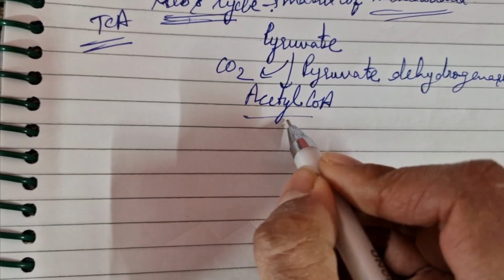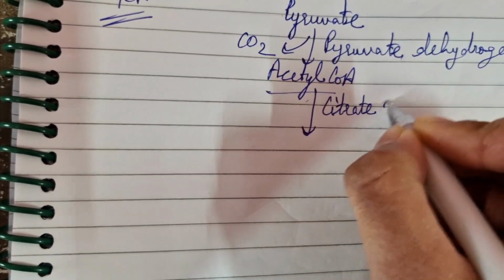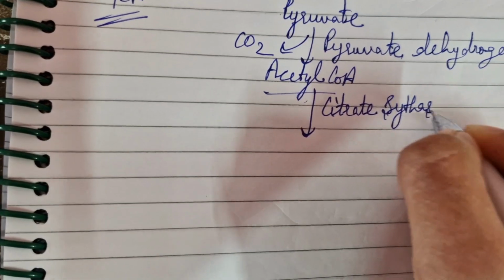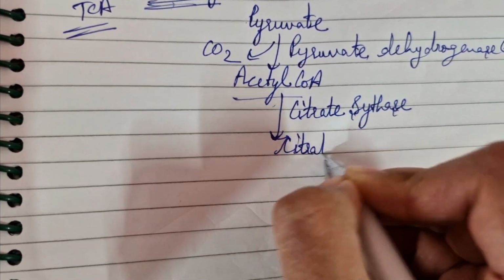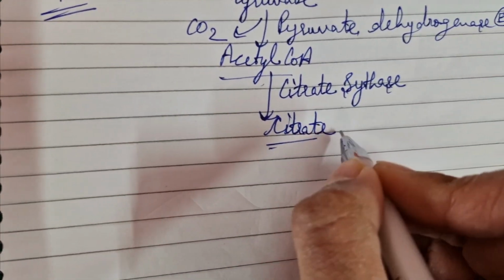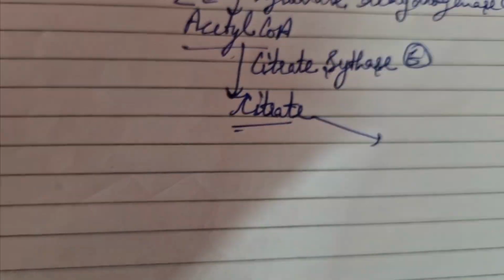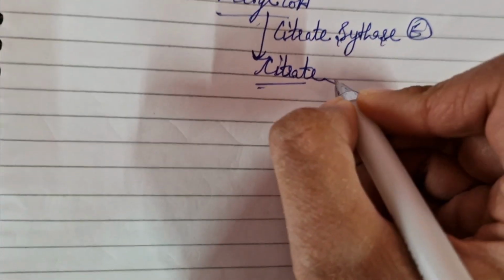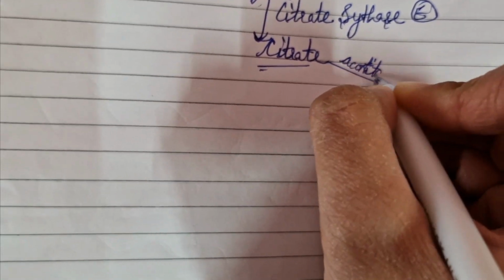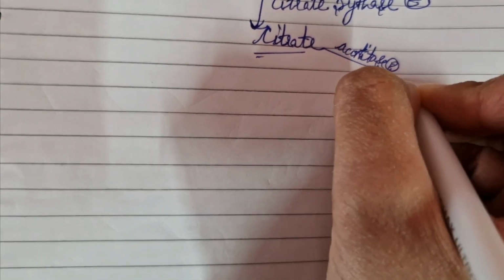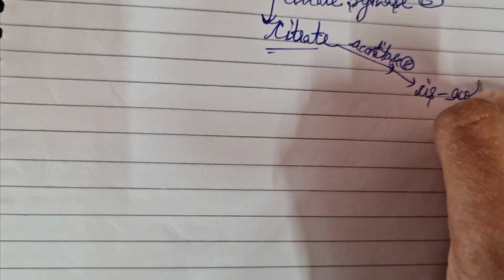Now this acetyl coenzyme A in the presence of citrate synthase gets converted into citrate. Now this citrate in the presence of enzyme aconitase gets converted into cis aconitate.